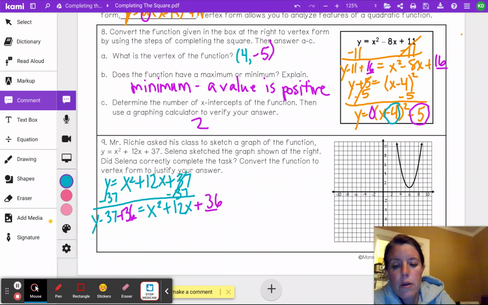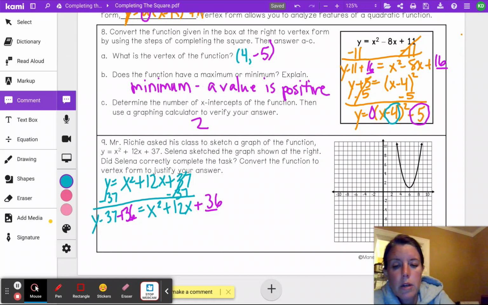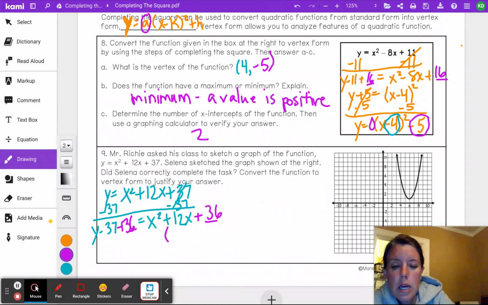All right, so my binomial is x plus 6 squared equals negative 37 plus 36. That is negative 1.